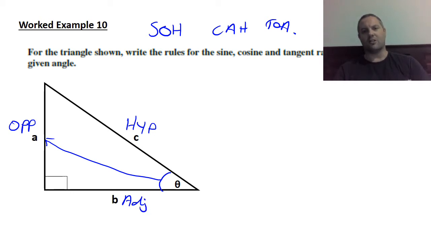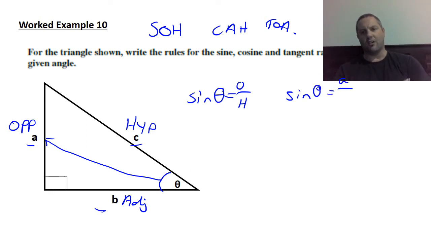So we're going to use SOHCAHTOA to write our ratios down. So sine of your angle equals opposite over hypotenuse. Now if we're going to use the labeled sides, we've got A, B and C, so we'll just rewrite that as sine of angle equals A over C. The second one, cosine ratio, equals adjacent over hypotenuse.